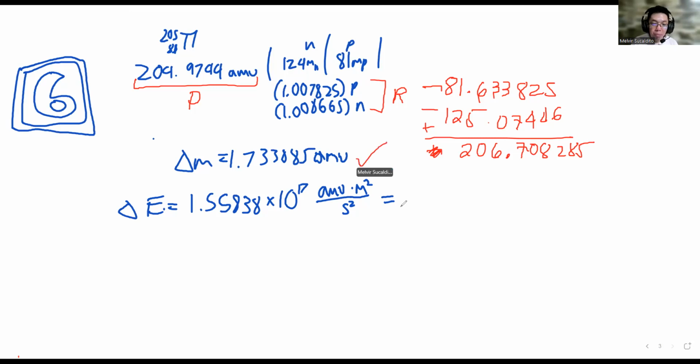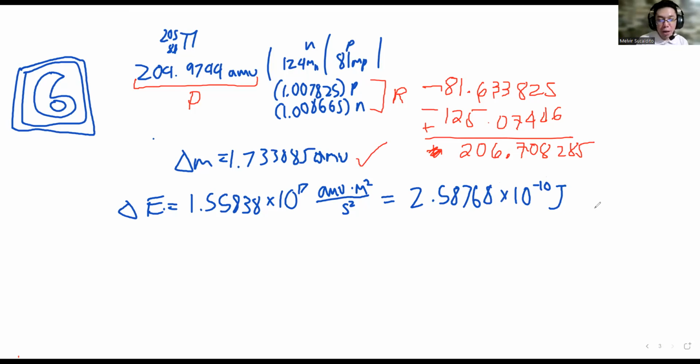So what will be the change in energy? Or delta E mo. So using the mc squared.